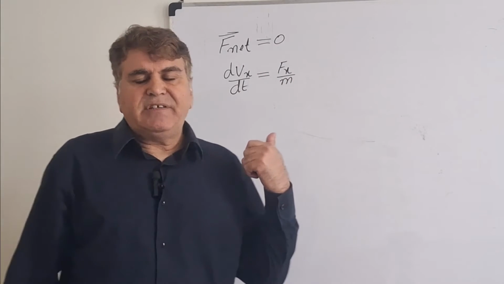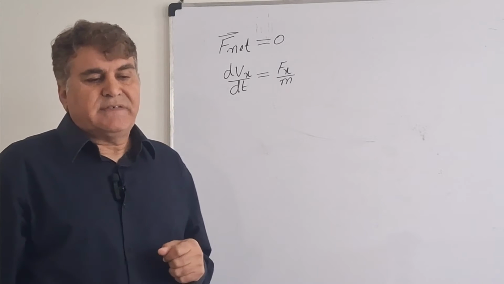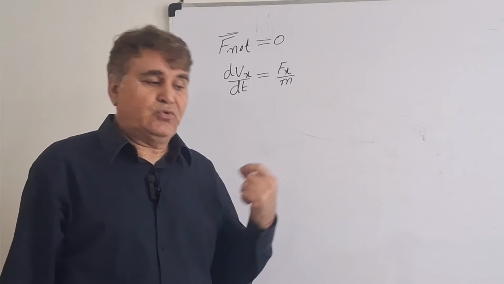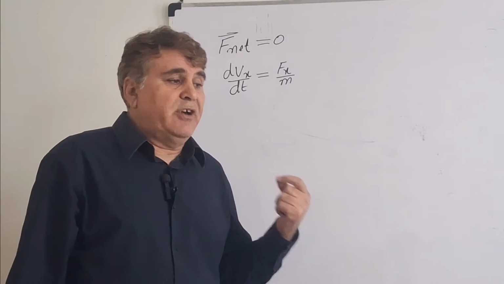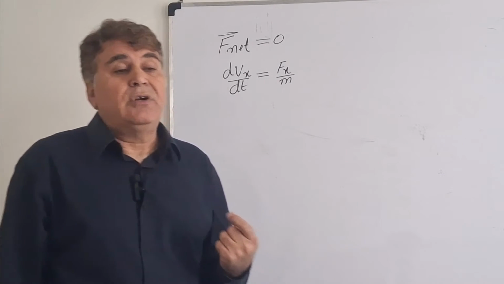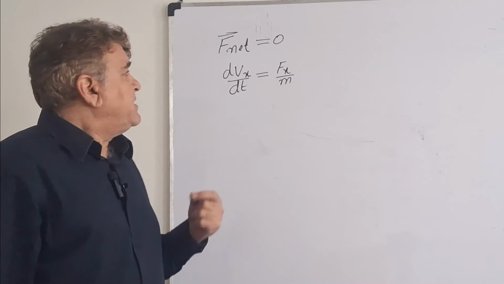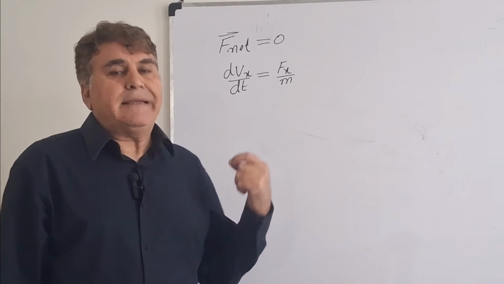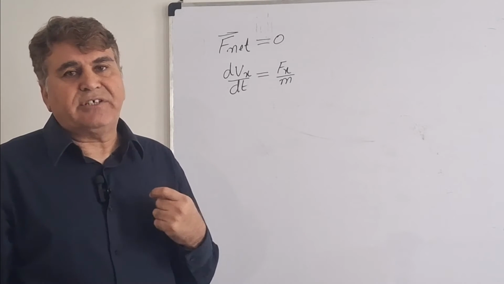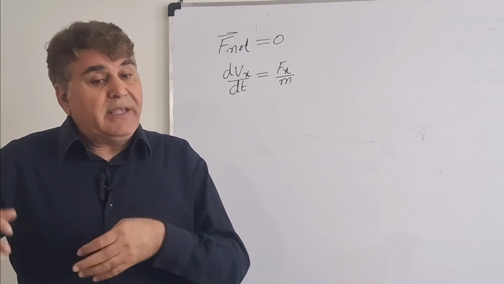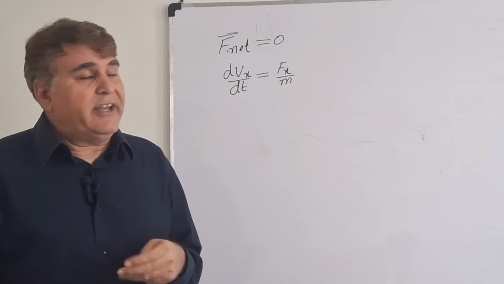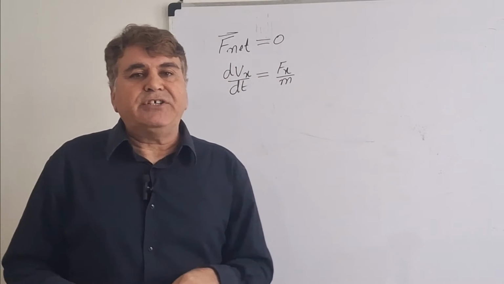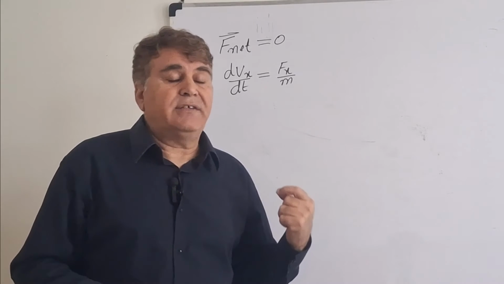This is one of the differential forms of Newton's second law, and the subscript is there to emphasize that we are dealing with one-directional motion. For mathematical ease, I can drop the subscript. However, keep in mind that we are dealing with one direction, and that's the reason I'm not putting the vector notation on velocity as well as force.